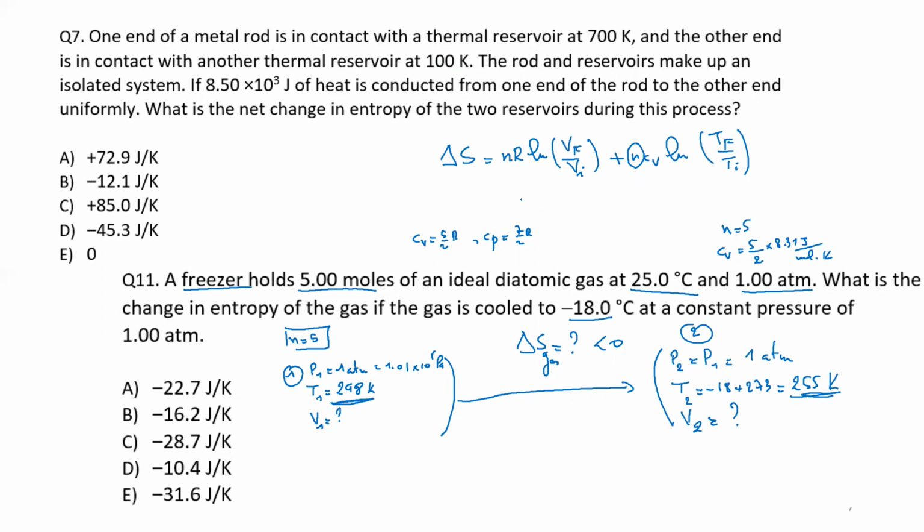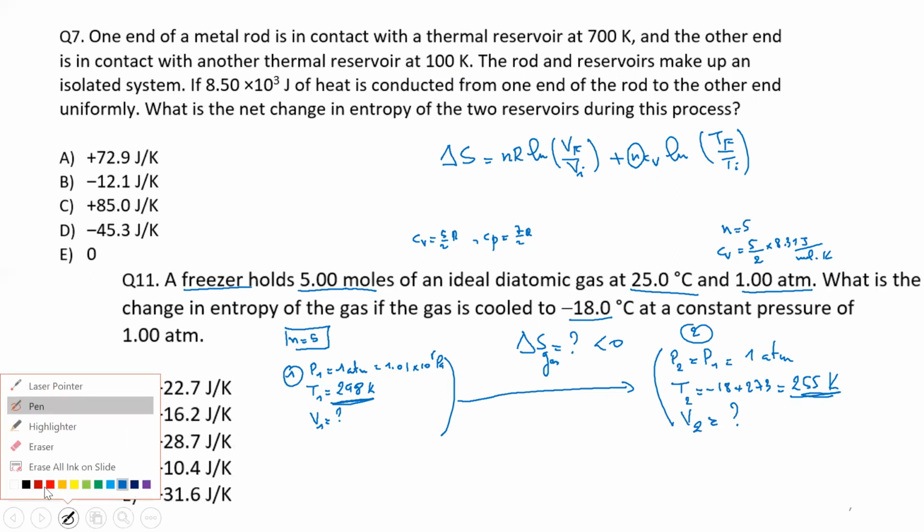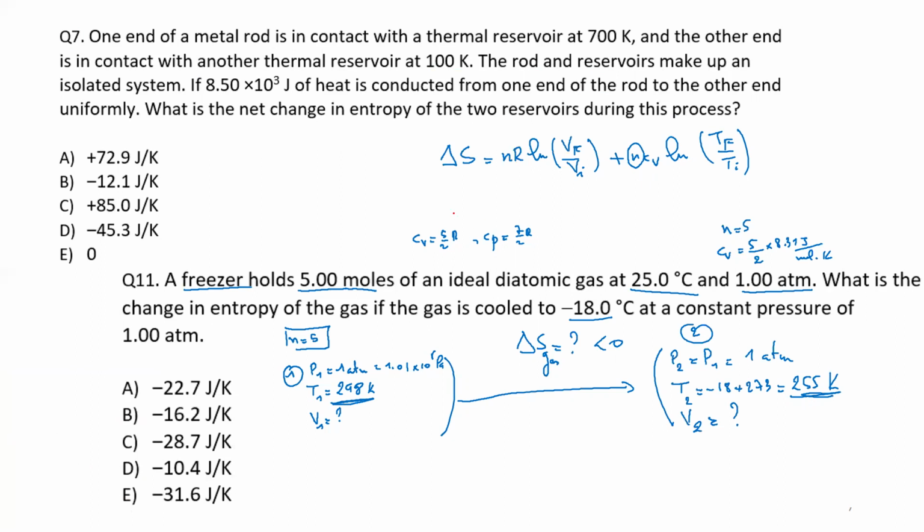So let me write it down with another pen. The change in entropy delta S, N CV ln of T2 divided by T1. This part, I know it already. I know everything. 5 halves of this, of course, multiplied by this.